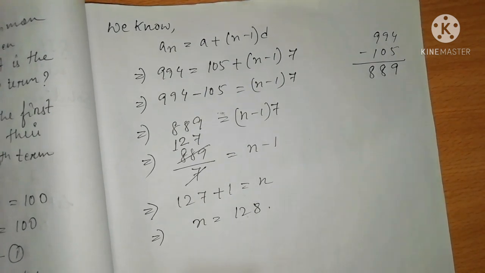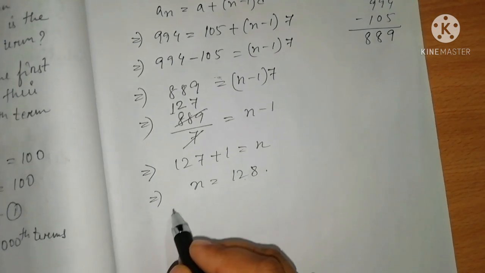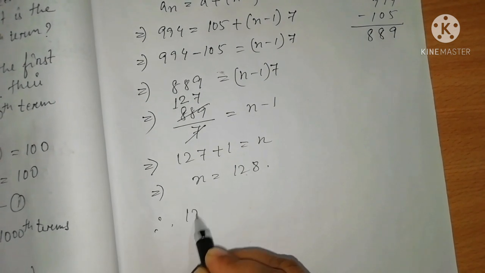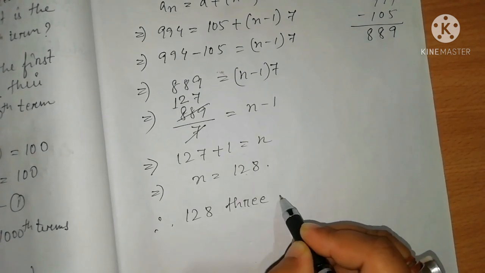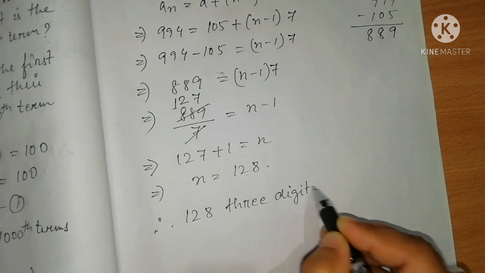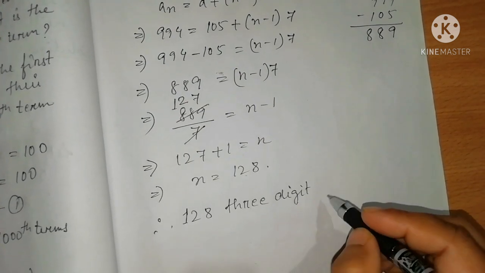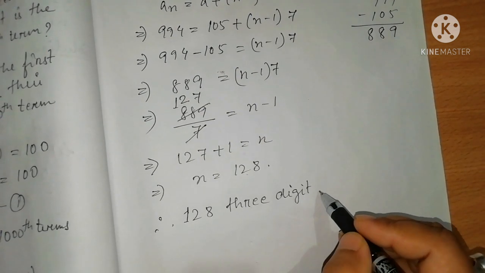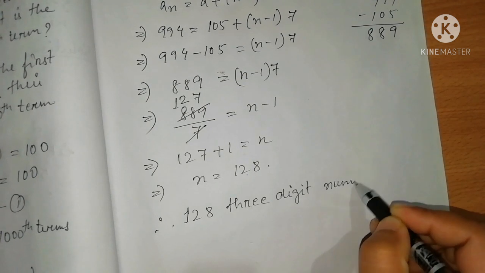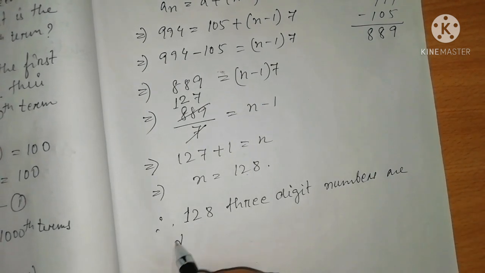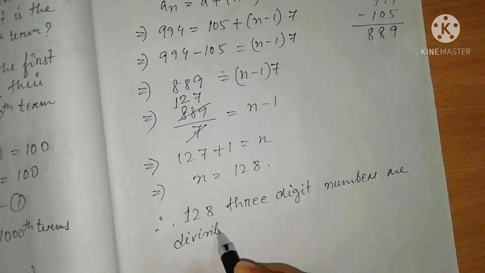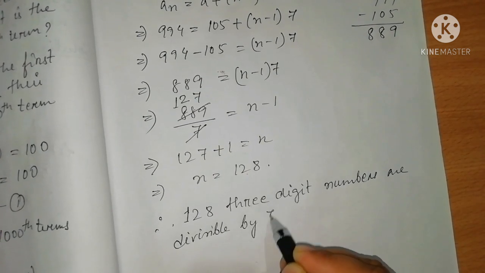So how many three-digit numbers are divisible by 7? So therefore 128 three-digit numbers are divisible by 7.